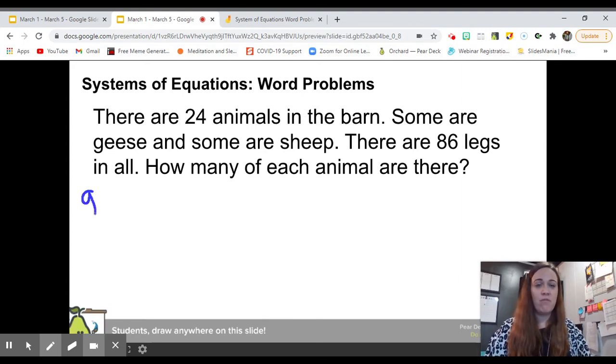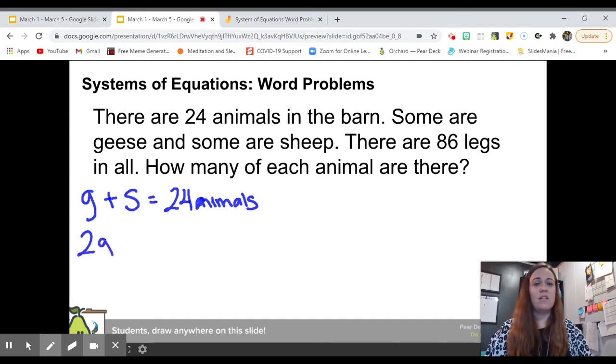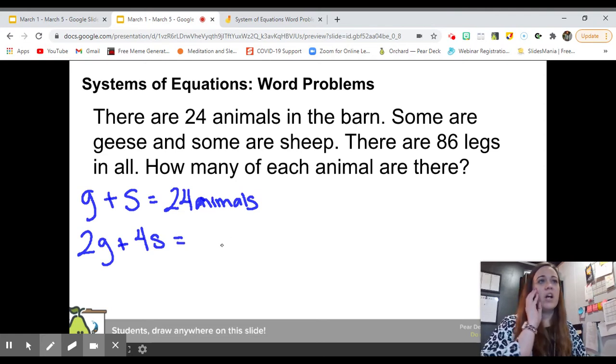So I'm going to use G for geese and S for sheep, and that equals 24 total animals. Then I also know that geese have 2 legs, sheep have 4 legs, and there are a total of 86 legs in this problem.